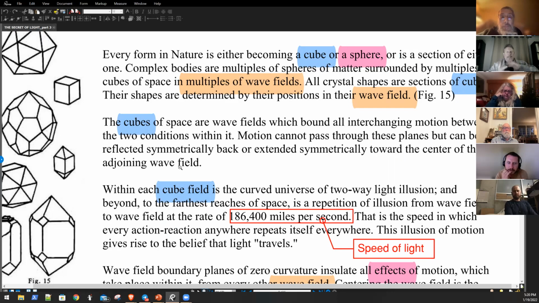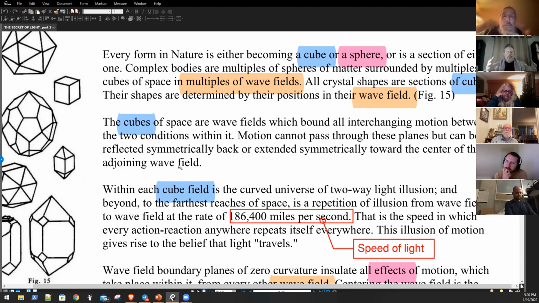So these cubes are like the boundaries of each of these explosions or radiation that can only be reflected back, which is the gravitation, which causes the form, which causes the sphere, which causes the red, right?